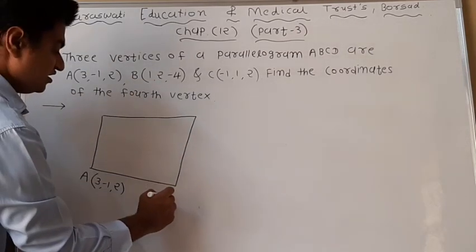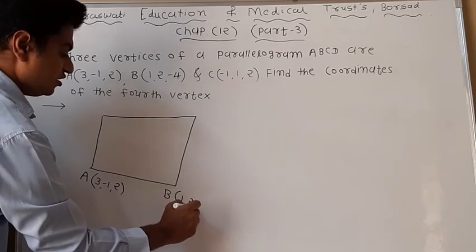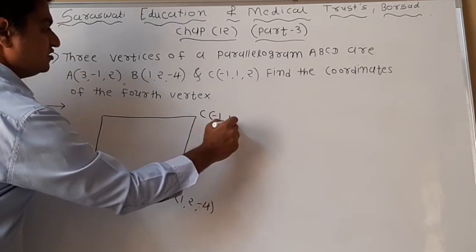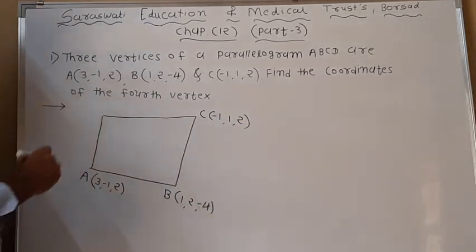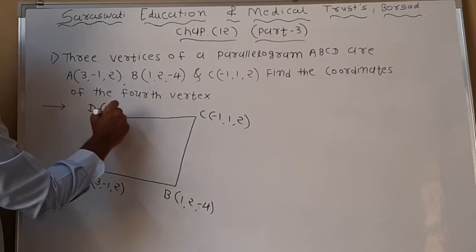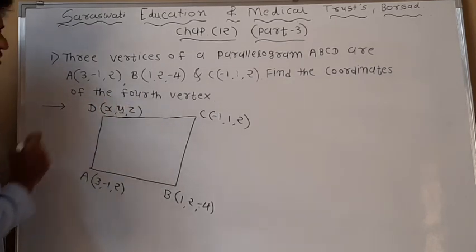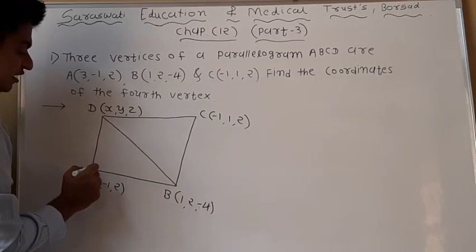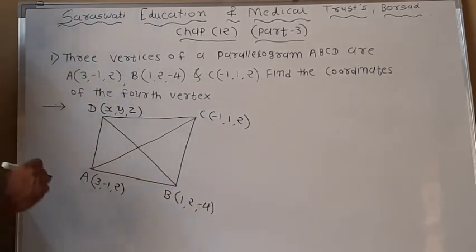B coordinate is given as 1, 2, minus 4. C coordinate is minus 1, 1, 2. And D coordinate we consider as x, y, z. Okay. Now join diagonal BD and diagonal AC.